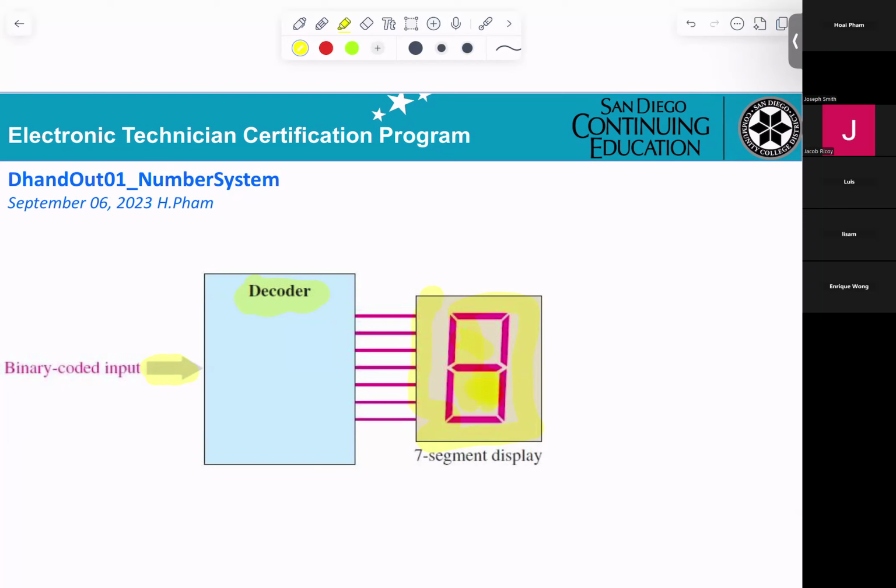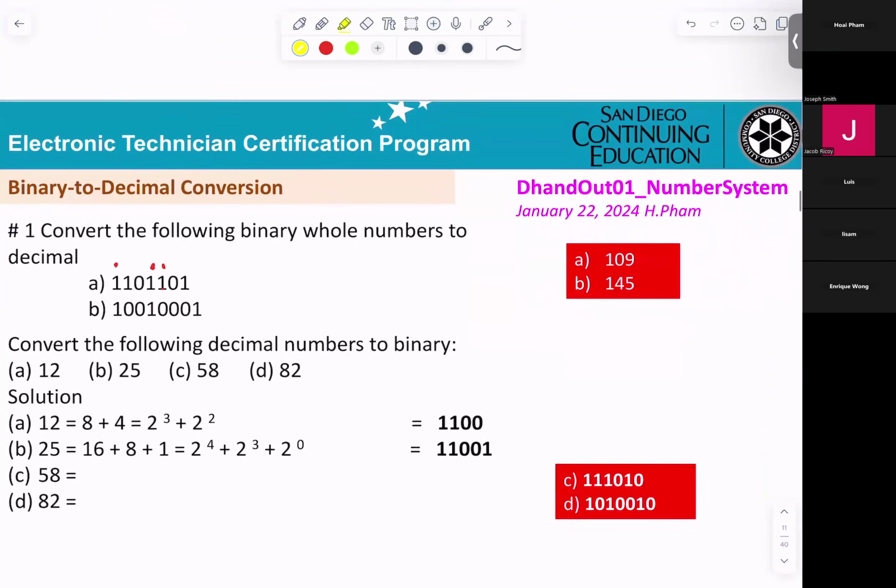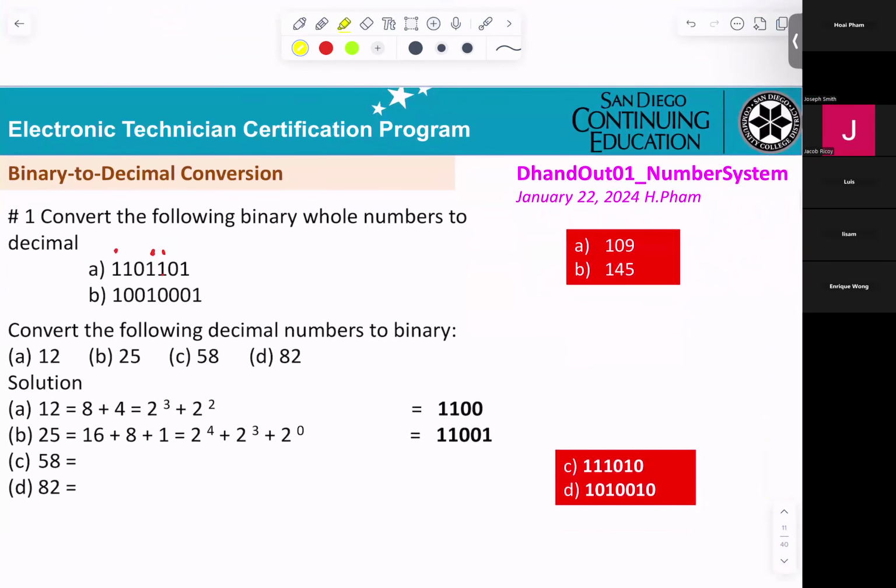Example, if I get a number 8, go to decoder, go to segment, they display number 8. They can display 0, 1, 2, 3, up to 8, or later on they can display characters.